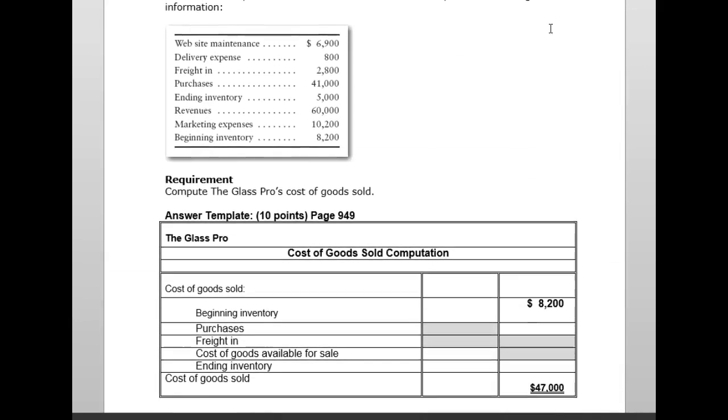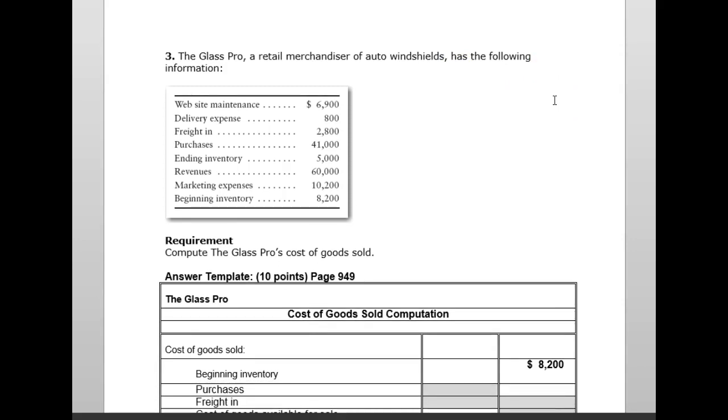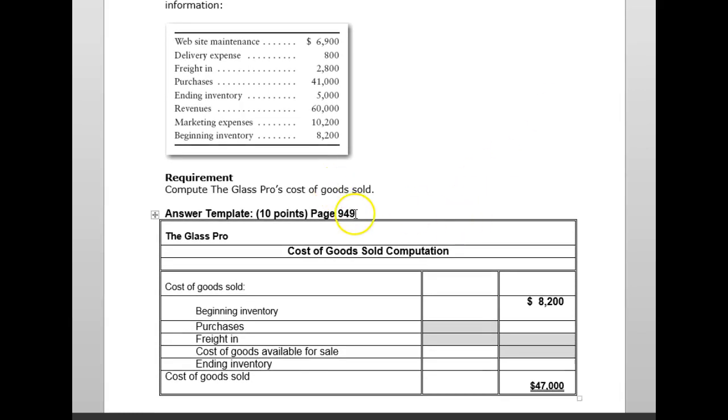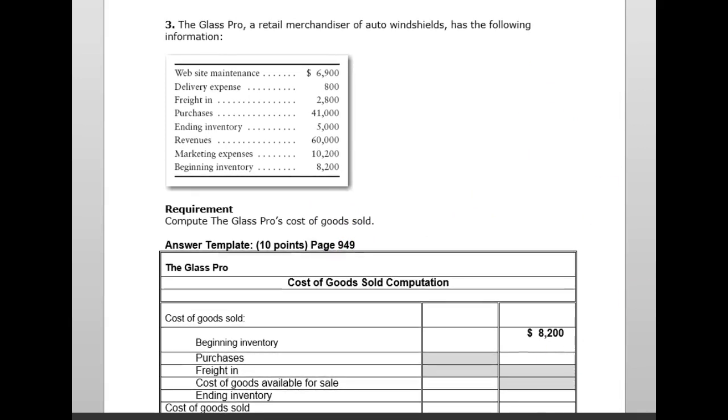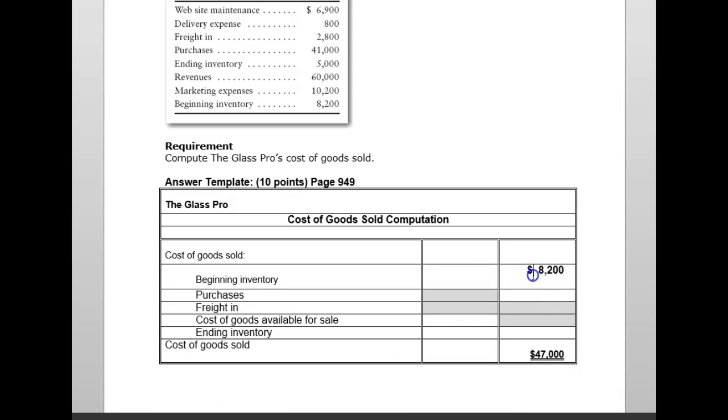And now we're looking at a retail merchandiser, auto windshields. And we're looking at the cost of goods sold computation, and you will find that on page 949, or at least where they talk about it. We're going to look at what the beginning inventory was, what they purchased, what they paid for freight in, and that'll give us the goods available for sale.